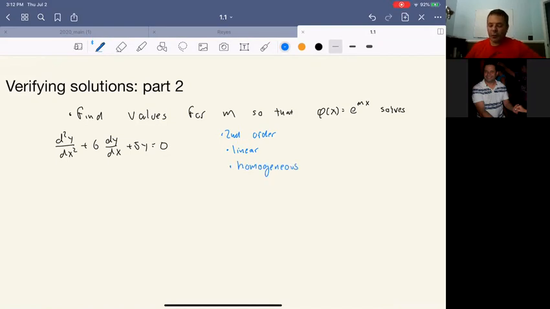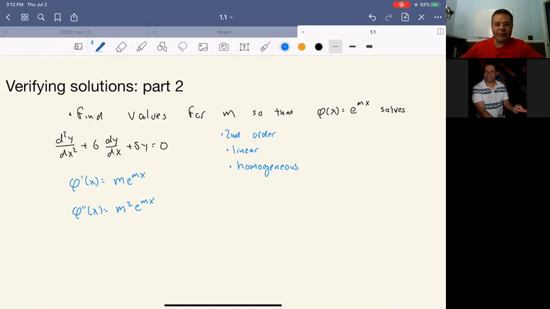Our plan is we're always going to assume this sort of solution and see what happens when we do this. So phi prime of x equals m e to the mx, and phi double prime of x equals m squared e to the mx.